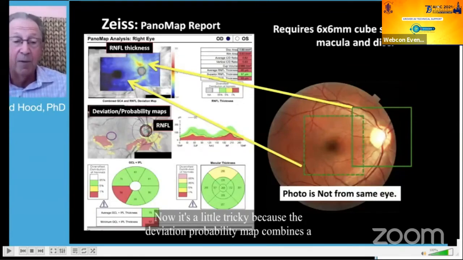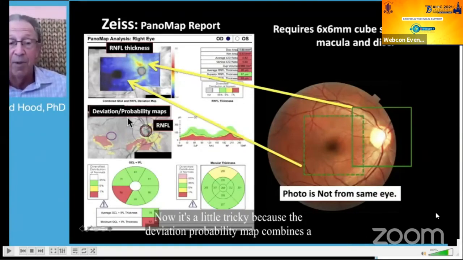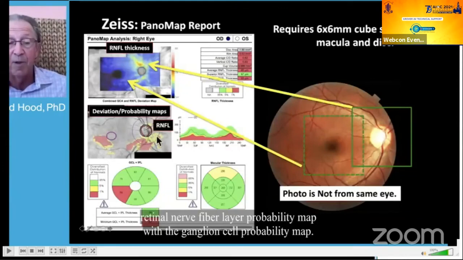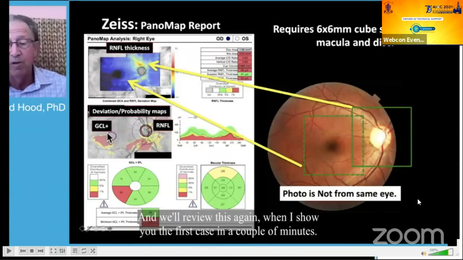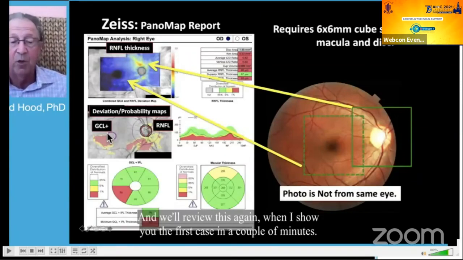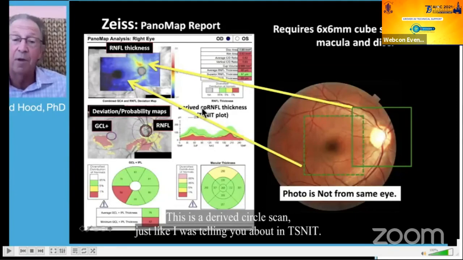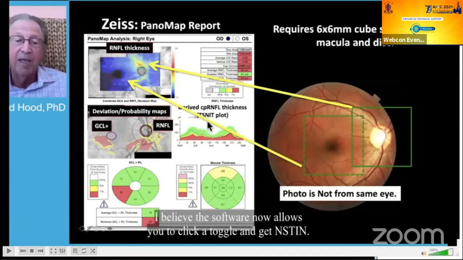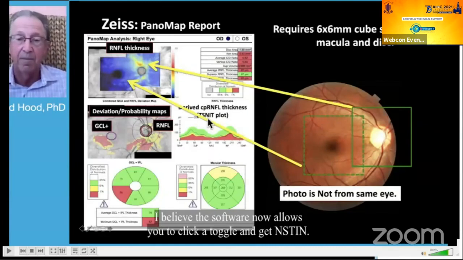Now, it's a little tricky because the deviation probability map combines the retinal nerve fiber layer probability map with the ganglion cell probability map. And we'll review this again when I show you the first case in a couple of minutes. This is a derived scan, just like I was telling you about. In Tsnip, I believe the software now allows you to click a toggle and get it instantly.